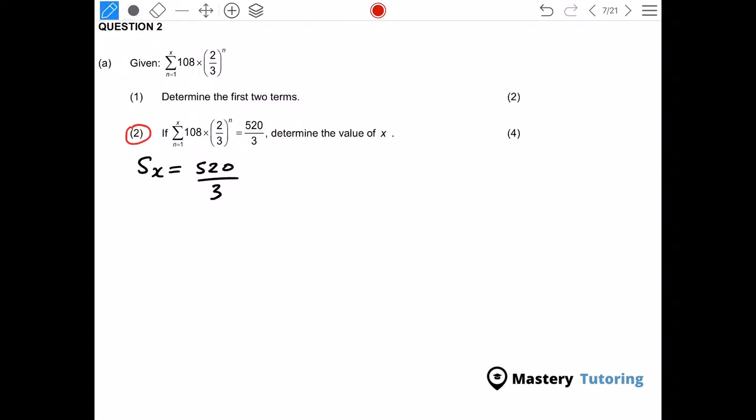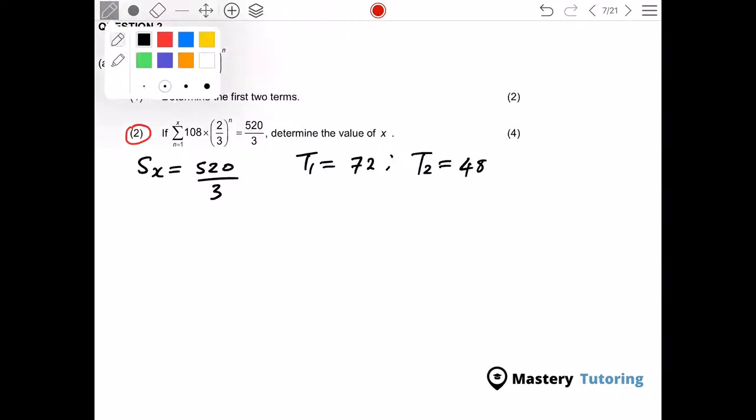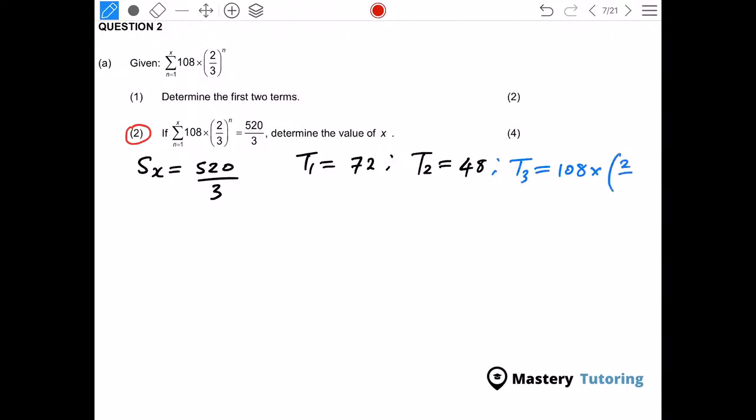To do so, we need to know the first three terms. Term number 1 we've calculated to be 72, term number 2 to be 48, and now we're looking for term number 3, which is 108 times 2 over 3 to the power of 3, which equals 32.